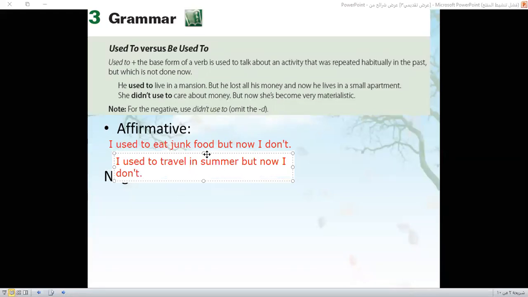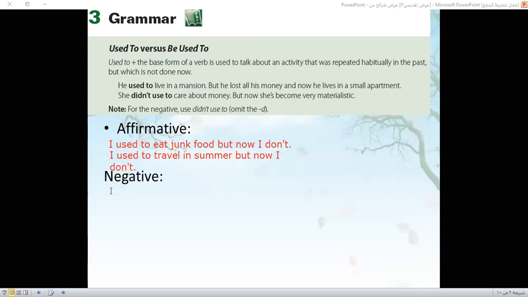Now, the same thing with writing a sentence using used to, but in a negative form. If I want to write used to in the negative form, I have to add what, Thalith? You have the example here. Didn't. Very good. Thank you, Rimas. Rimas, can you help me and tell me an example of your own using didn't?